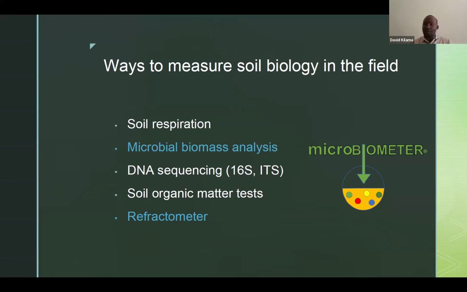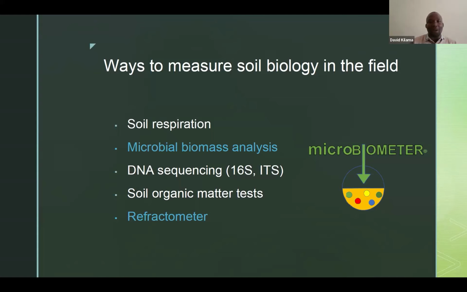It's quite technical. You can also explore when you get some time. And also under microbial biomass, we have phospholipid fatty acid analysis. These are all laboratory analyses, which are within your reach. We can try and see which one works for you. But for us, we have chosen to use the microbiometer as our simple field tool that can help us analyze biomass plus microbial community within the soil sample we are regenerating.